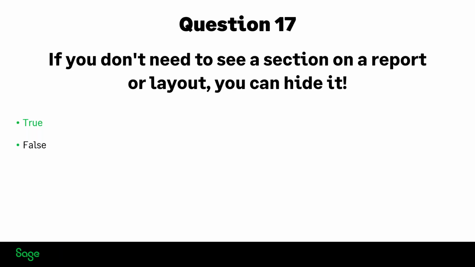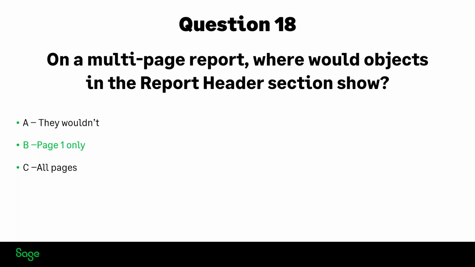Some of them, even on basic reports, will be hidden. So it's up to you. Sometimes you don't need to see that information. So you can easily hide it if you need to.